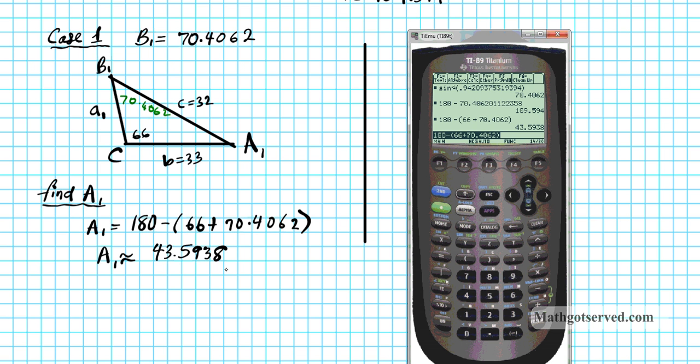All right, next thing we have to find is little a1. To find little a1, we have a lot of complete pairs here, so we can simply use the law of sines.